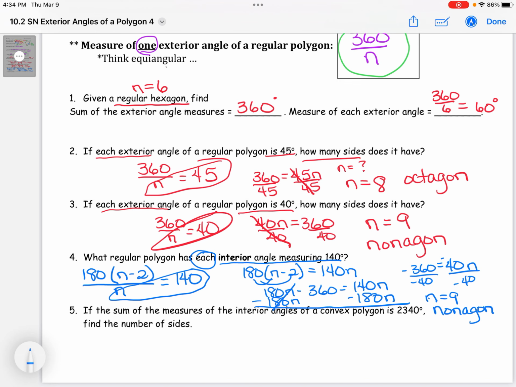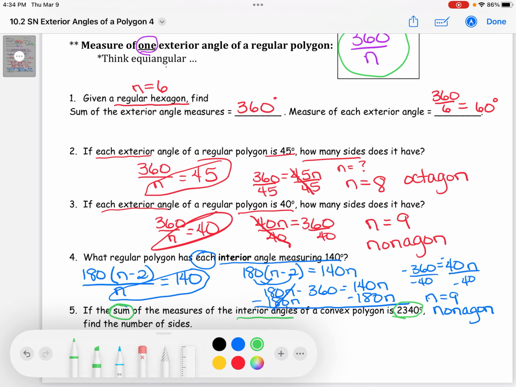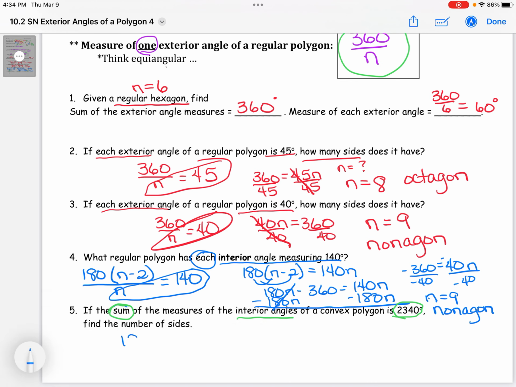Okay, here we are. Again, we're doing interior angles. We're talking about the sum of the interior angles, and here's what they add up to. So we're going to use the equation from 10.1. Okay, and I can distribute my 180, but I'm going to go ahead and just divide by 180 to get rid of it before I start multiplying.